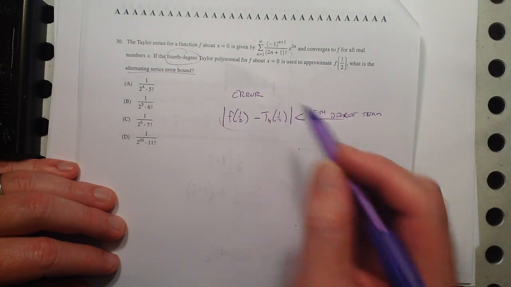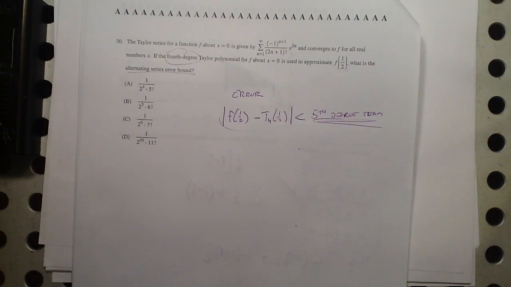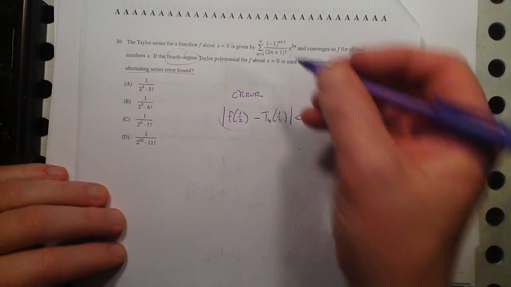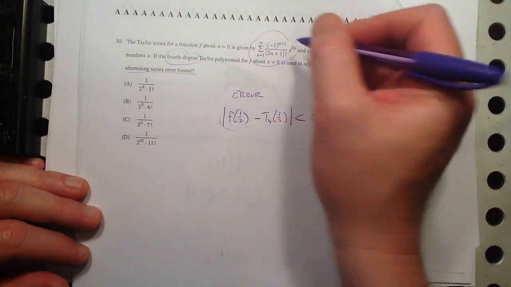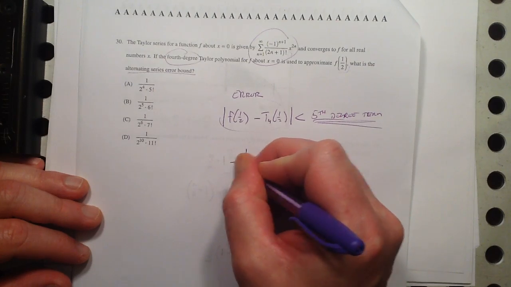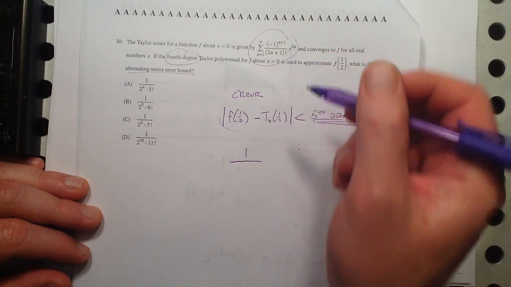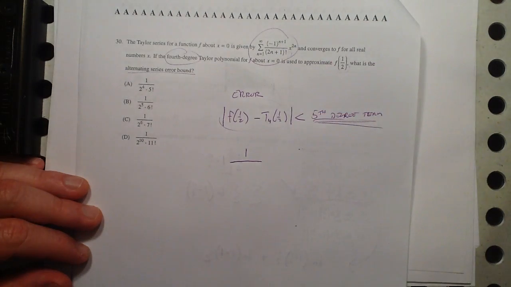Sometimes we have to write out all this stuff. In this one, you just need to recognize it's the 5th degree term that we need, and we need to plug 1/2 into that. And we want the absolute value of it. So I've got 1 over the 5th degree term is, oh, hold on a second.